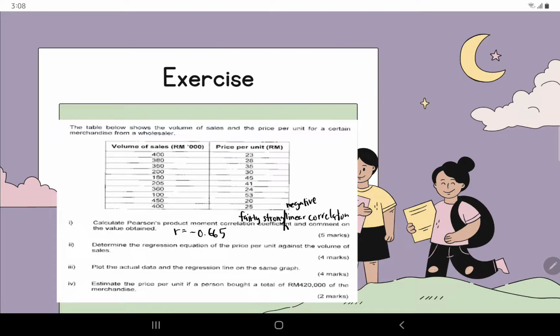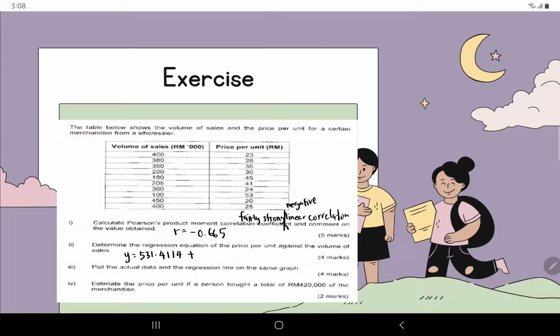Okay, and then determine the regression equation. Regression equation meaning that y equal to a plus bx. You need to search for the value of b and then search for the value of a. The answer will be y equals, our a is 531.4114, plus b.